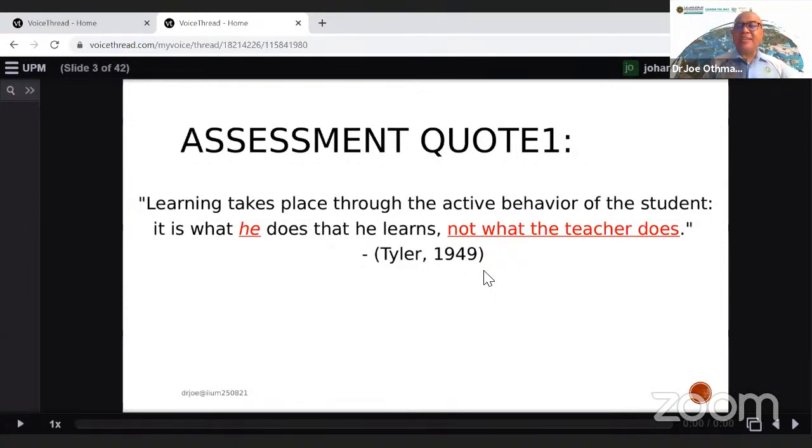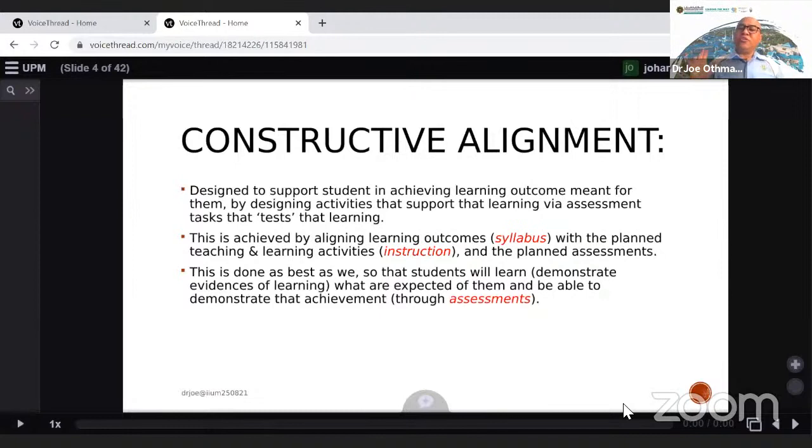The bottom line is, I want my students to learn the topics as mentioned or stated in the learning outcome, vis-a-vis the course outline. In universities, we use a course outline. In schools, we use syllabuses. So, what is constructive alignment?